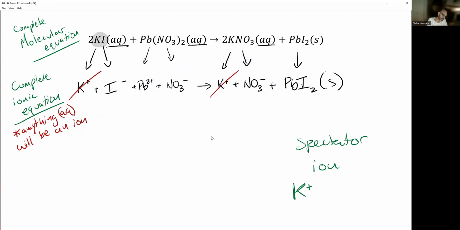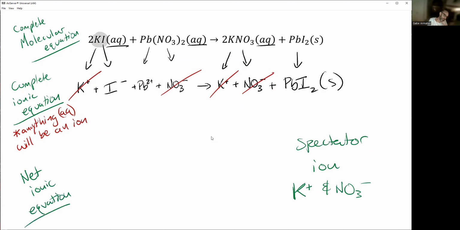It's aqueous on the other side. We are also going to add the nitrate to our list of spectators. Nitrate's not doing anything special. It came to the party with lead in this case, and it left with no one. It's just kind of on its own. All right, so the spectator ions. So what I want to do next is rewrite everything to write the net ionic equation.